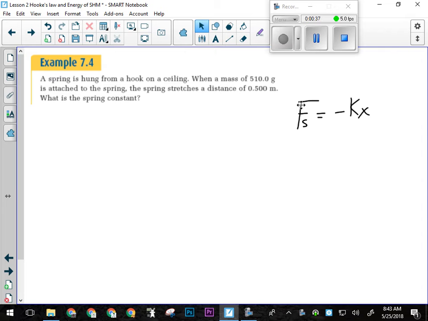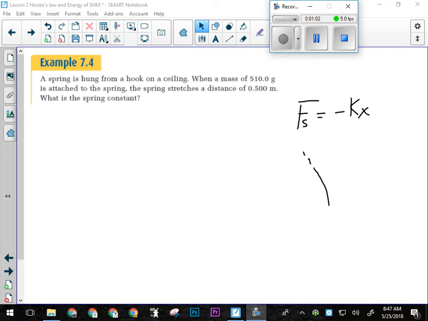Just write it down real quick. So if I hang this spring from the ceiling, what force is pulling on it? Gravity. All right. Since the object's not accelerating, in fact, it's just hanging there, the net force is 0. So the force of gravity is being offset by the force of the, what's keeping it from falling?